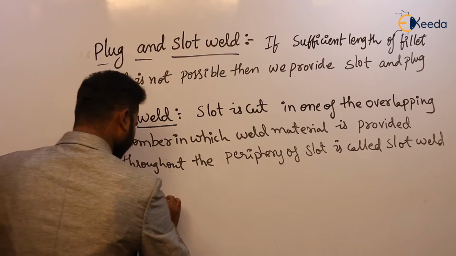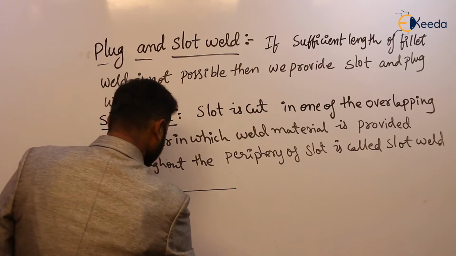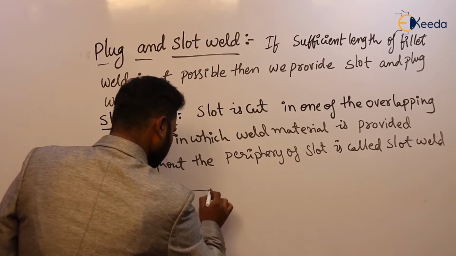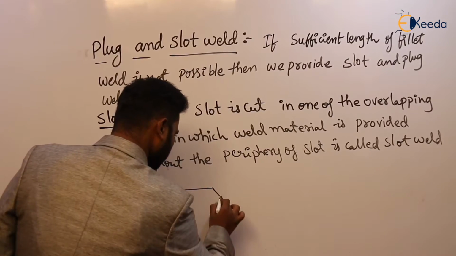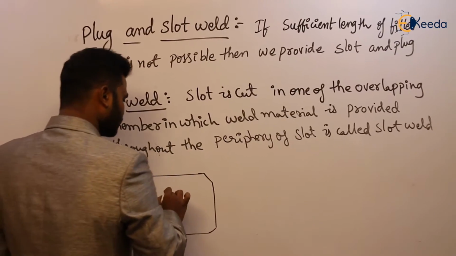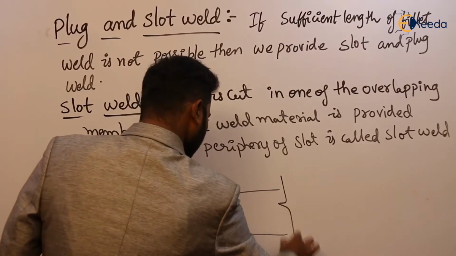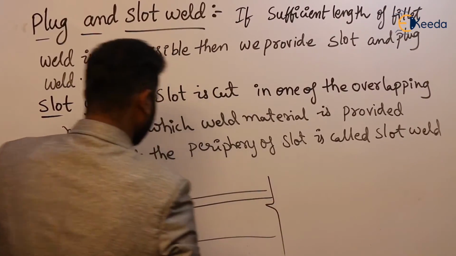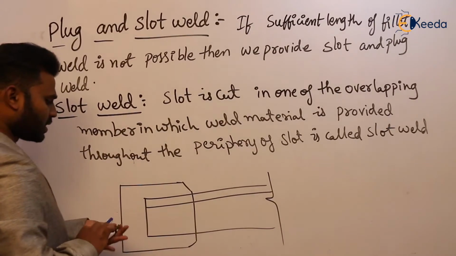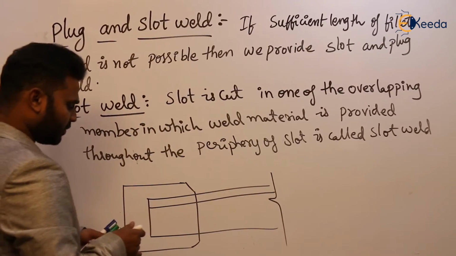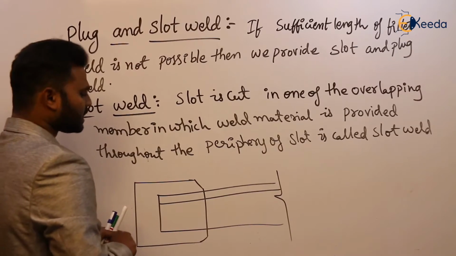It means, see here. So this is a gusset plate. To this gusset plate we are going to connect an angle. So assume that here we have made a slot, circular slot.